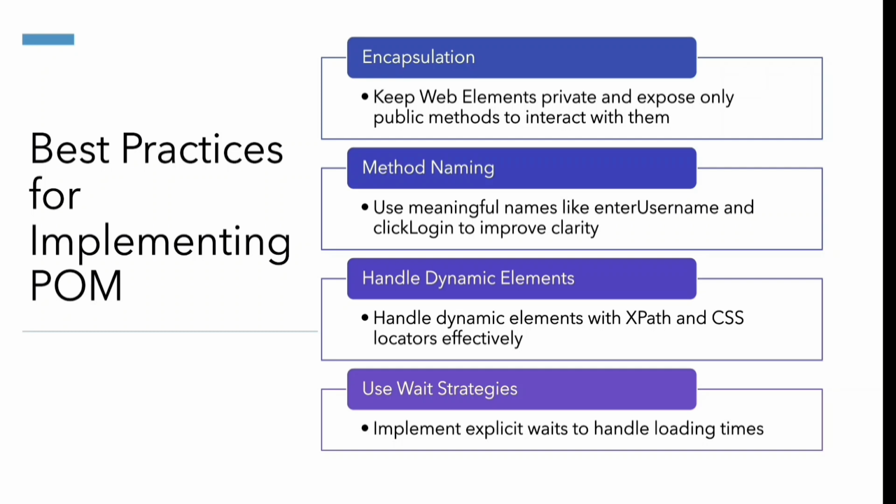The next thing is that for handling dynamic elements we need to use XPath or CSS locators effectively. Finding the XPath is a most crucial thing from an automation tester's point of view. Finding XPath and CSS is sometimes very difficult, because some components don't have a proper XPath, because it is a dynamic component.